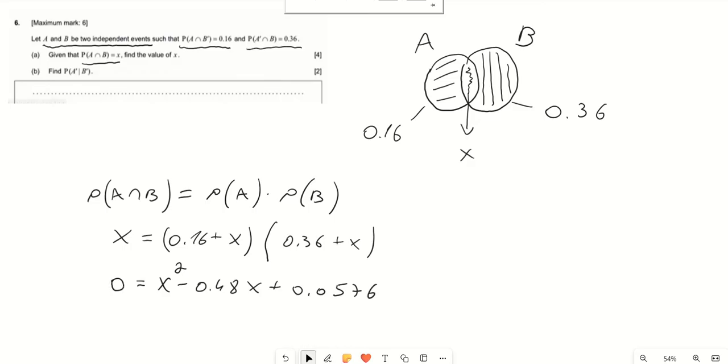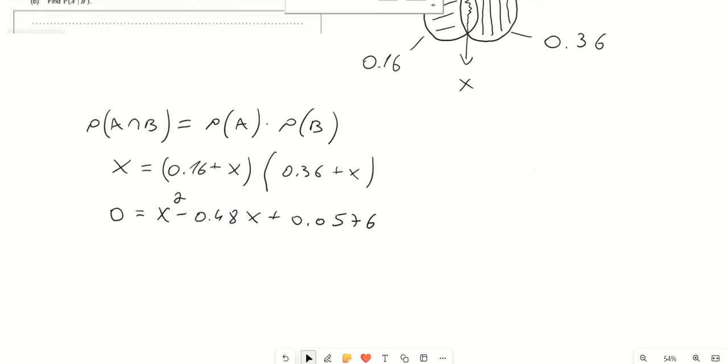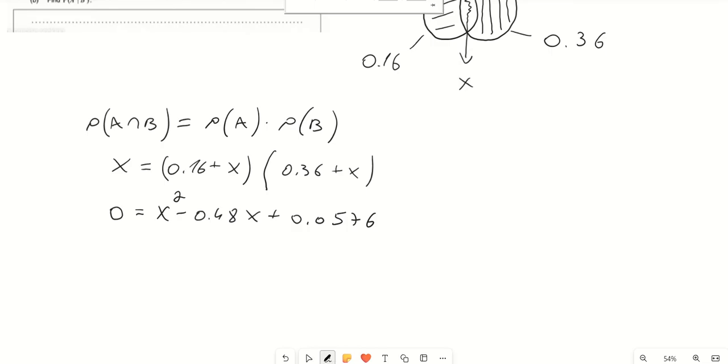So now we can simply use the calculator to solve this quadratic equation. I noticed here that this is actually a binomial expression, and it can be closed to x minus 0.24 squared.